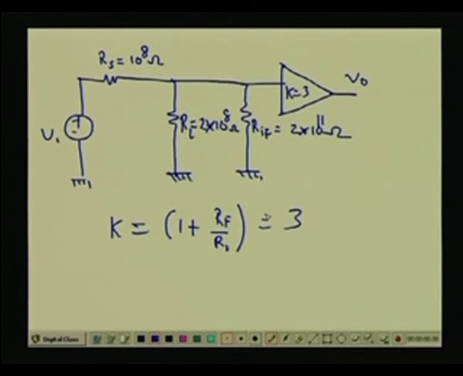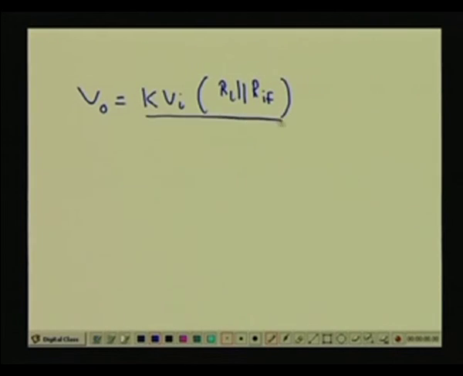Now, analyzing the above circuit we can write that Vo will be equal to K Vi times (RL parallel RIF) upon (Rs plus leakage resistance RL parallel RIF).